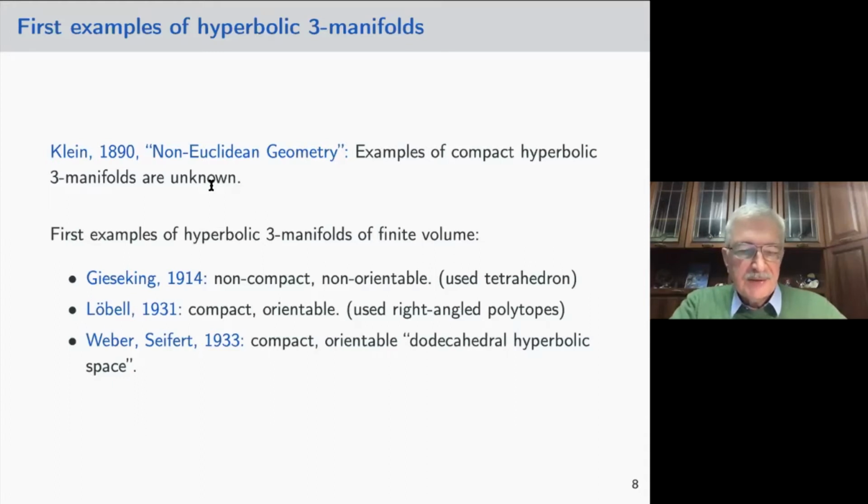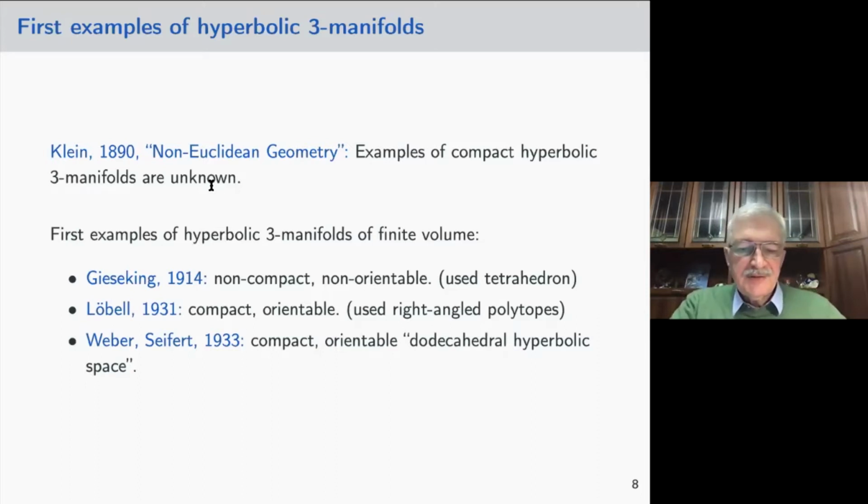He constructed a non-compact non-orientable manifold. After that, in 1931, Frank Löbell constructed the first example of a compact orientable manifold. And after that, Weber and Seifert constructed an example of a compact orientable manifold, the so-called Weber-Seifert dodecahedral space.